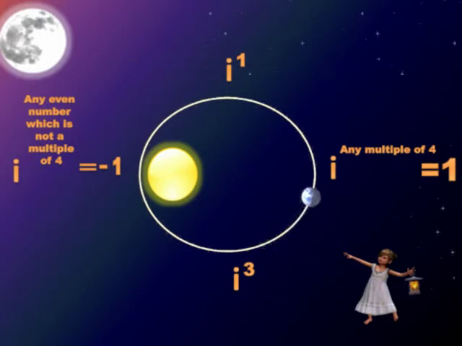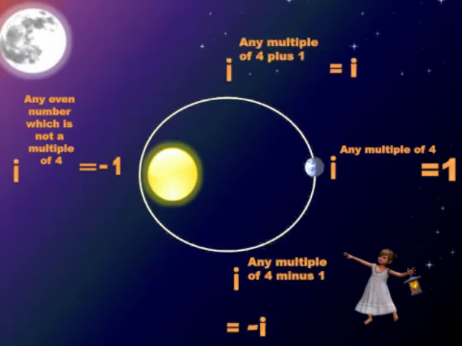So you can conclude that i raised to any multiple of 4 will be 1, and i raised to any even number which is not a multiple of 4 will be minus 1.